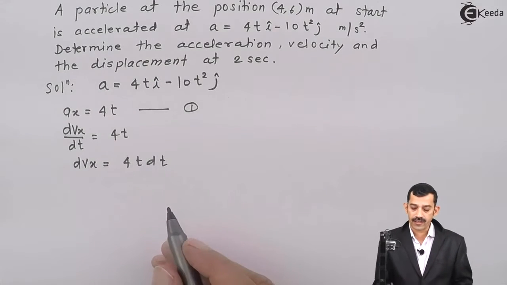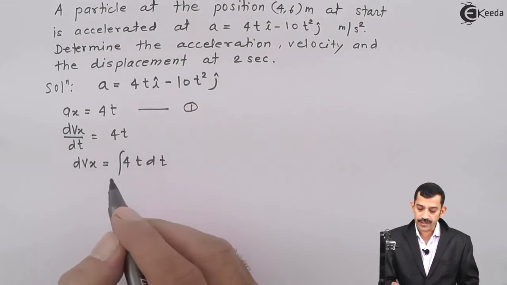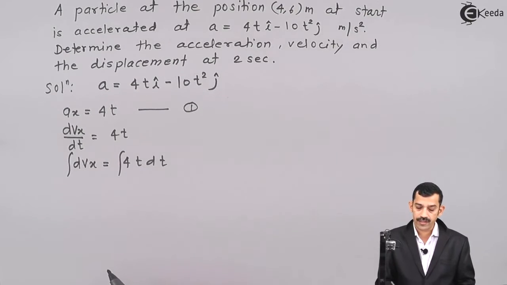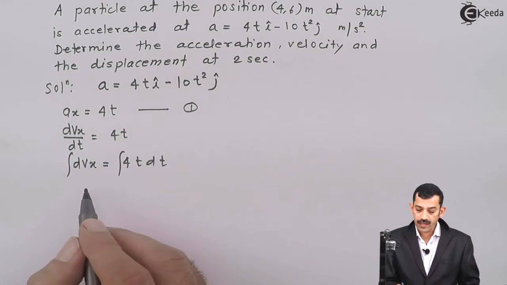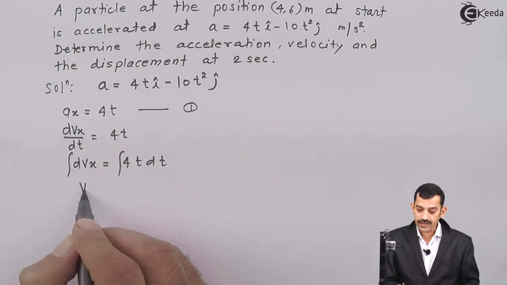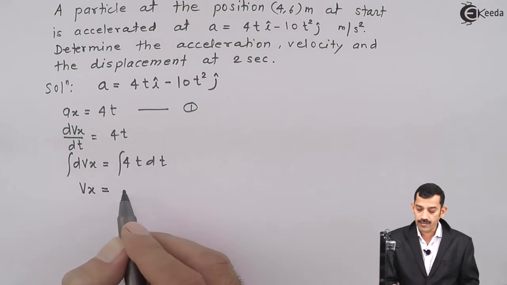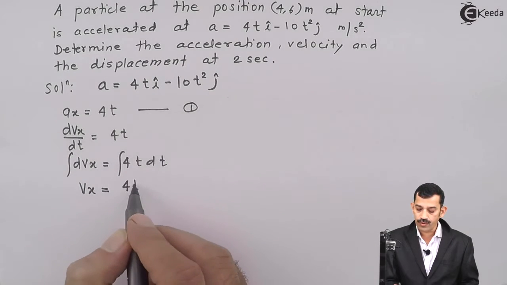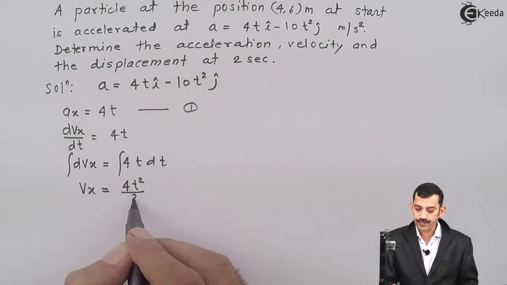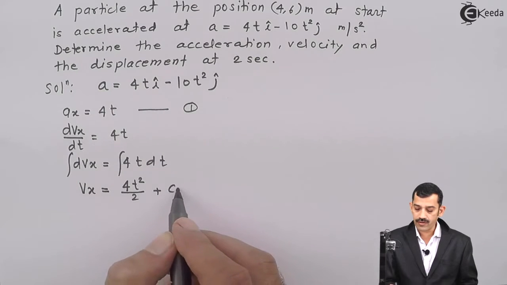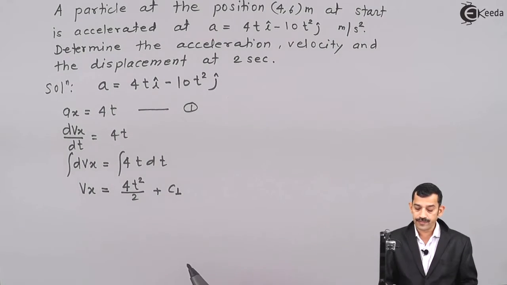Now, if you integrate this equation, the integral of dvx equal to the integral of 40 dt. The integral of dvx is vx. The integral of 40 is 40t plus a constant of integration c1.